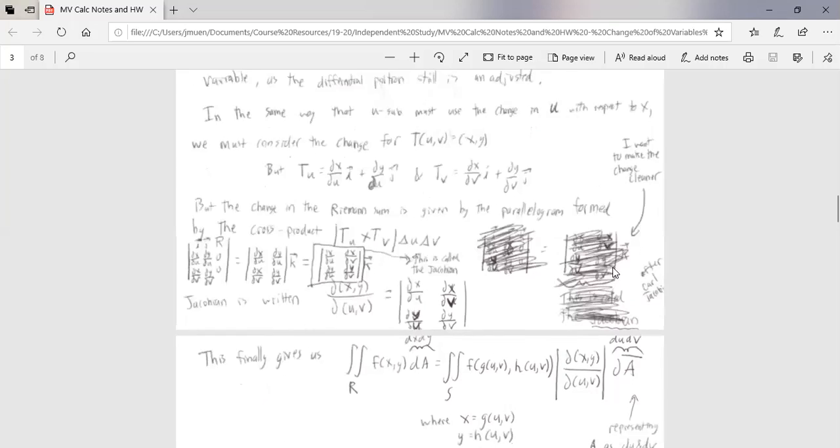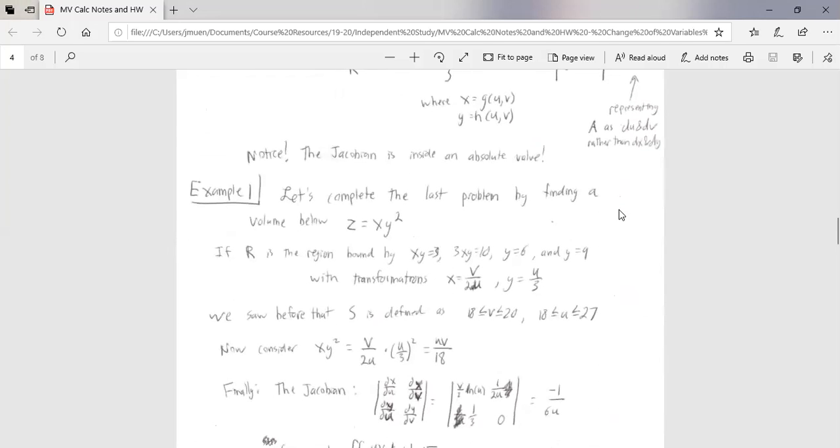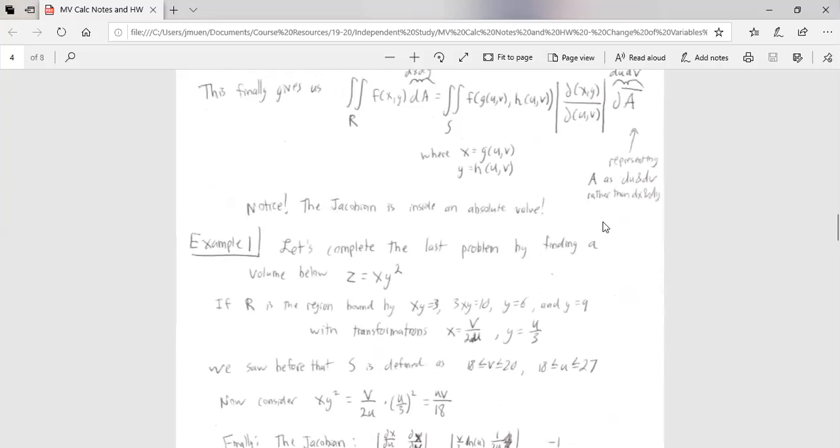This gives us just a final look at what exactly is going on here. Our dA was originally in terms of dx and dy, but now that should be an absolute dA, my apologies. Now it gives us everything in terms of u and v.